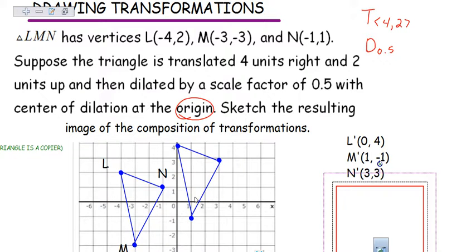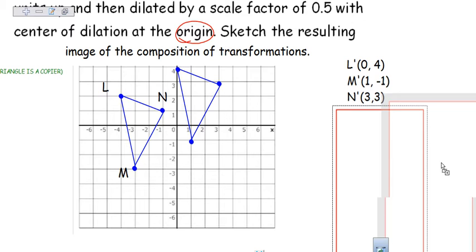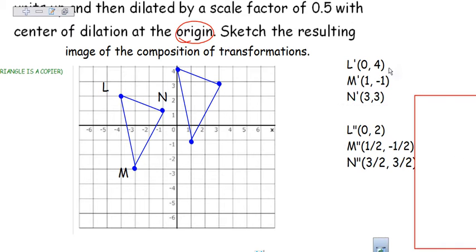You could have done it without using the graph, because all you're doing is adding 4 to the first coordinate and adding 2 to the second coordinate. But now with our dilation, we need to take those numbers and multiply them by a half. So the 0 stays the same, 4 becomes 2, 1 becomes a half, negative 1 becomes negative a half, and so on.